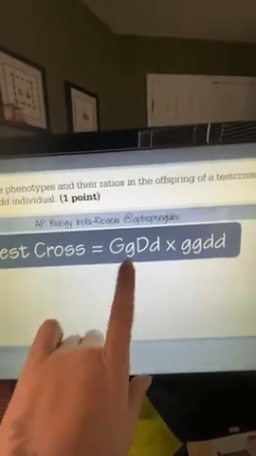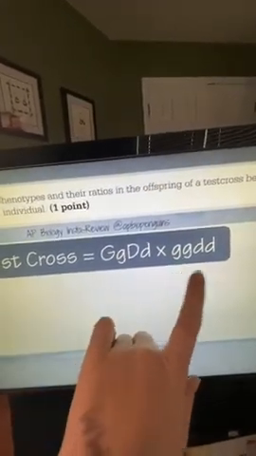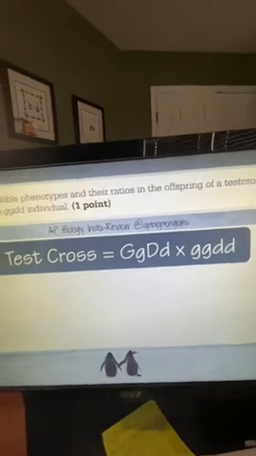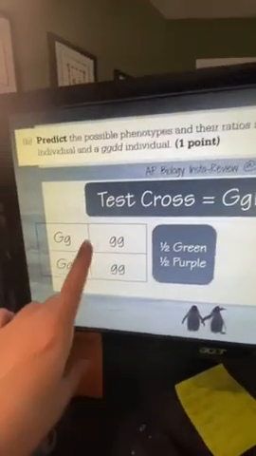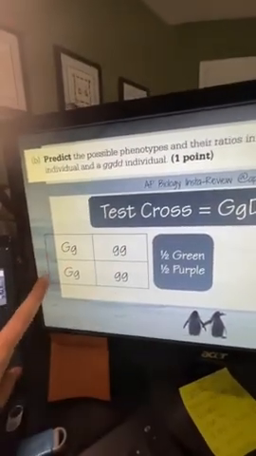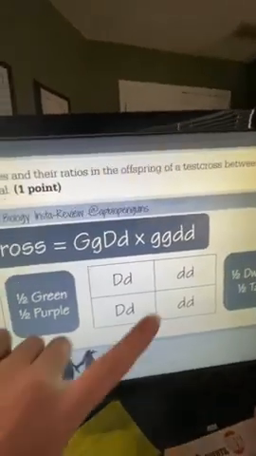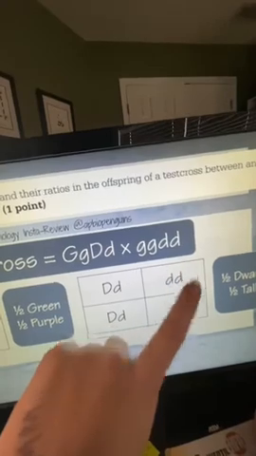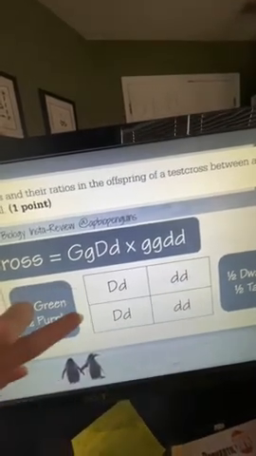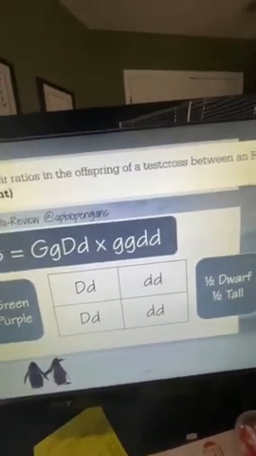So we know that our cross is going to be between our heterozygous individual from the F1 and the homozygous recessive. If we do that cross, here's our heterozygote for G, homozygous recessive, giving us 1/2 green, 1/2 purple. And then here we do our heterozygous for dwarf, homozygous recessive, giving us 1/2 dwarf, 1/2 tall, okay?